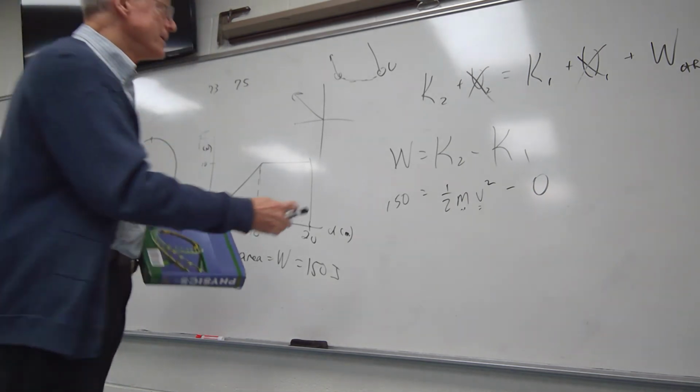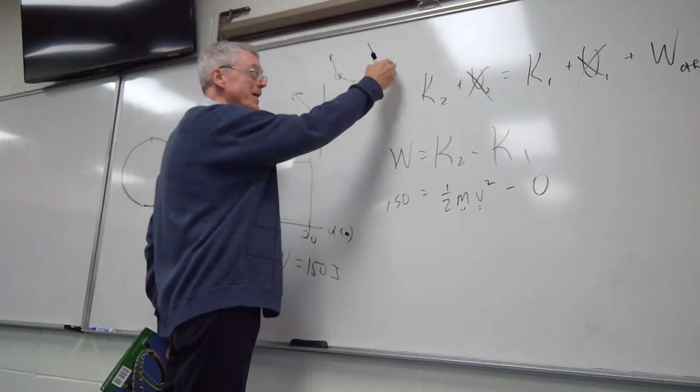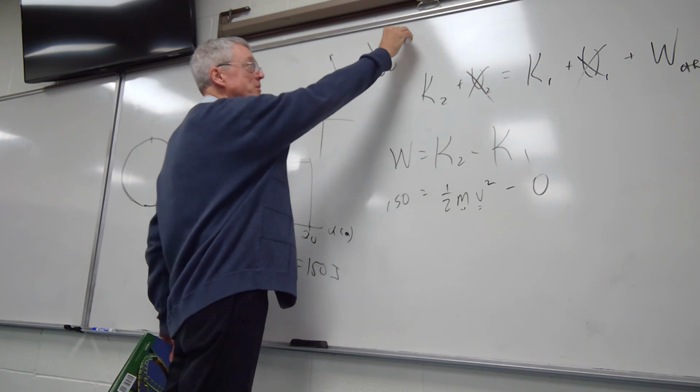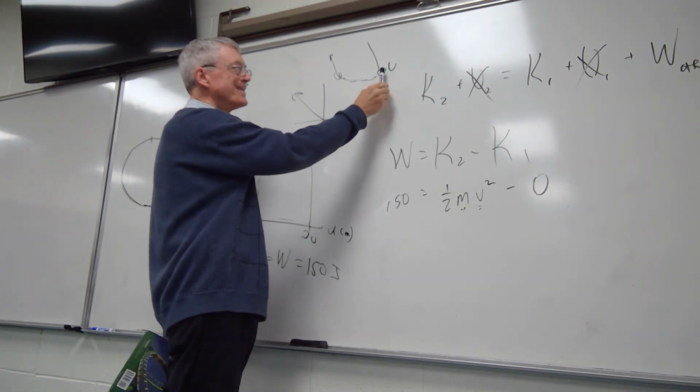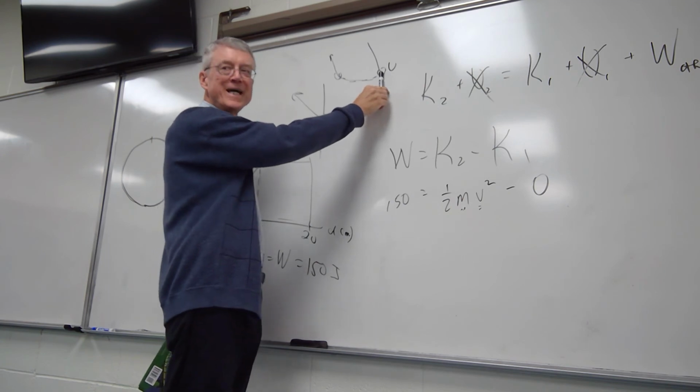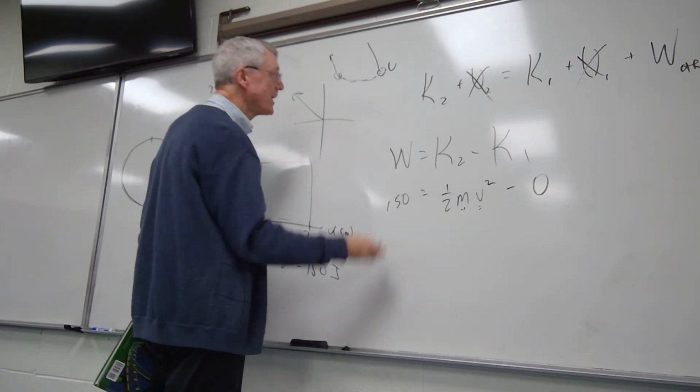That means if it started here, you had to give it a push, or maybe it really started up here, and you let go of it. So when it reached this point, that is position 1, it already had some K, and that's what the answer says.